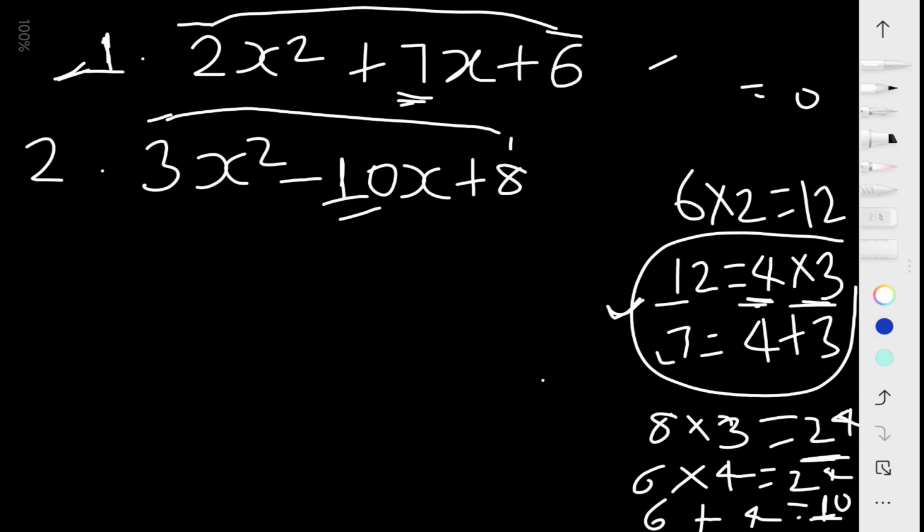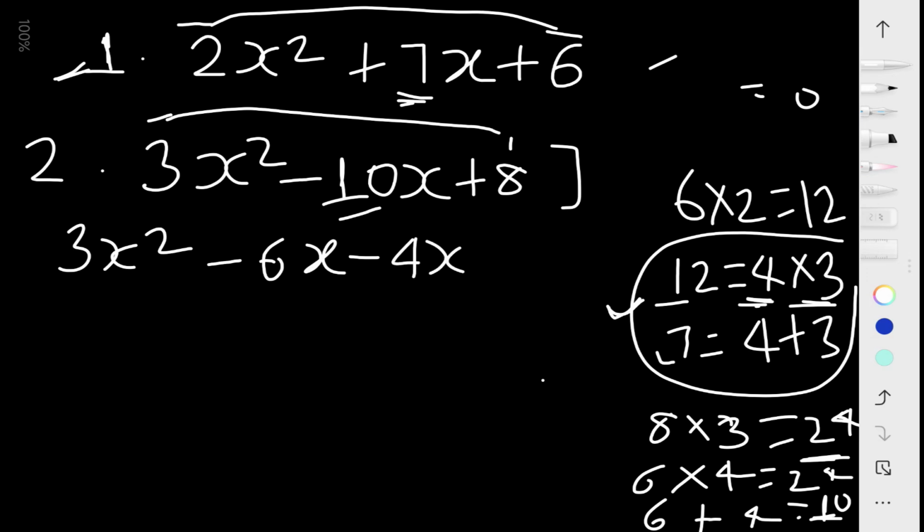Now first please solve this one, then we can write 3x square minus 10x as 6x minus 4x. Here it will be minus, because minus 6x minus 4x equals minus 10x, plus 8. Now you can understand, I think.